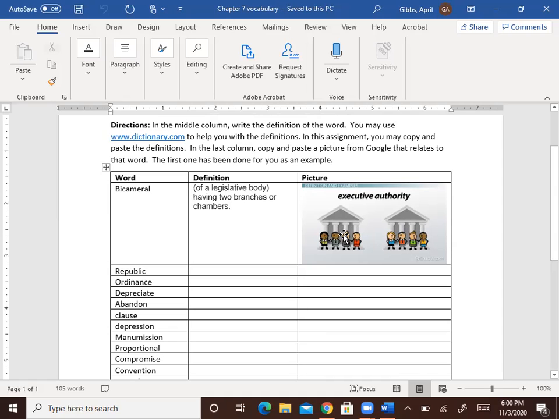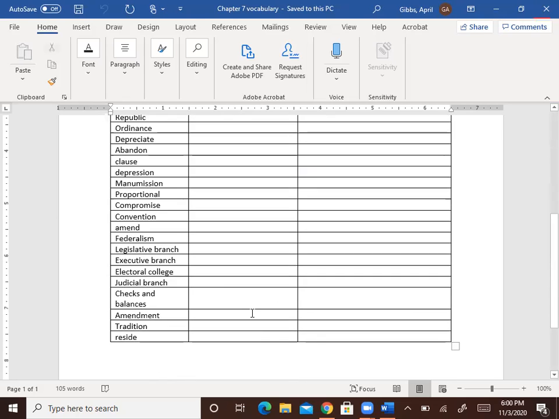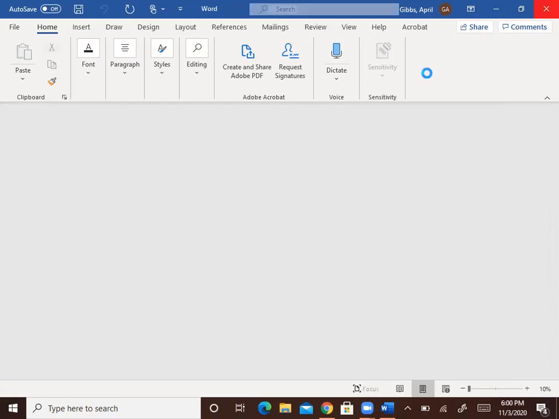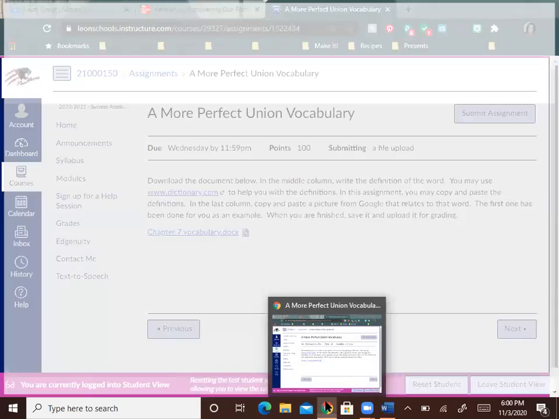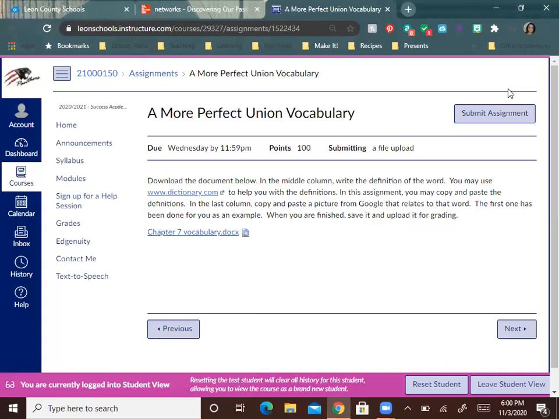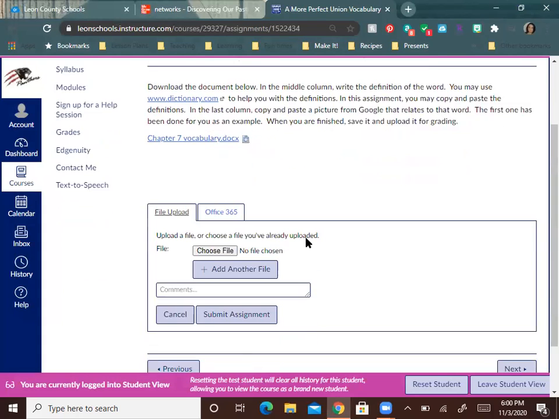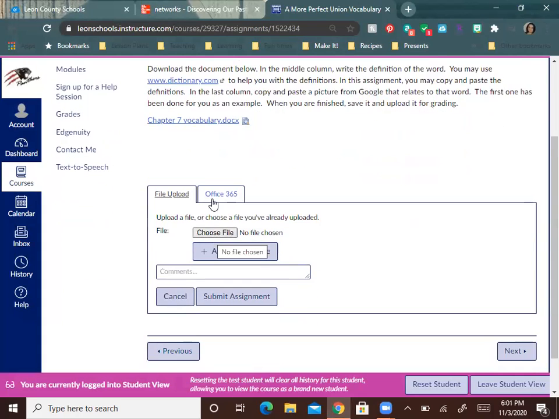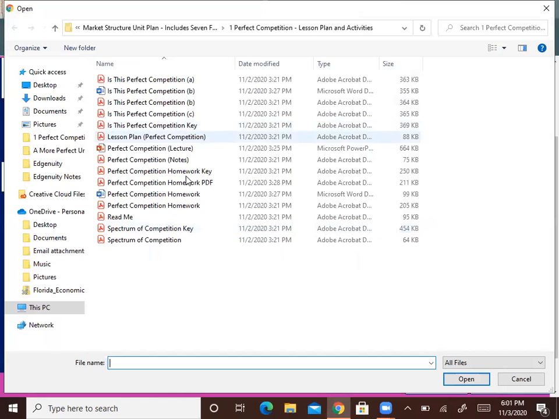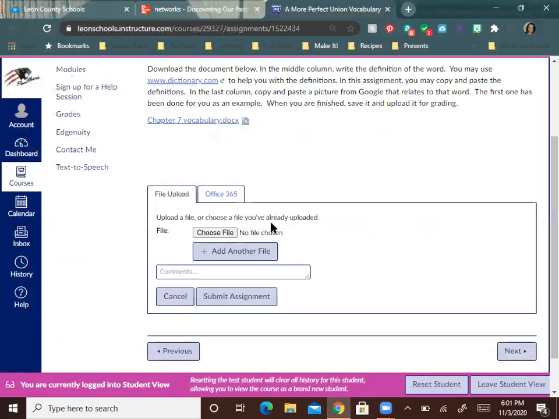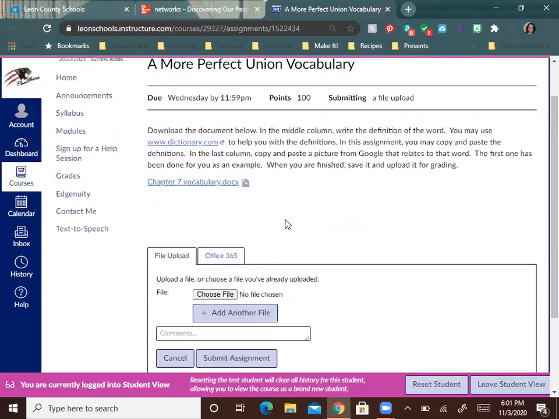And then my picture is two branches of government. So then you're just going to do that for the rest of these words and then save it and upload it. So you're going to click submit assignment and then choose file. If you did it in Office 365, you can pull it from there, so make sure you log in. Choose file, and then it'll open here, and you just figure out where you saved that file to.